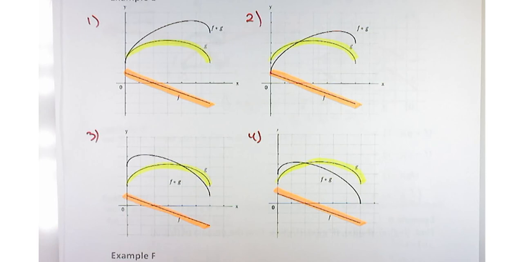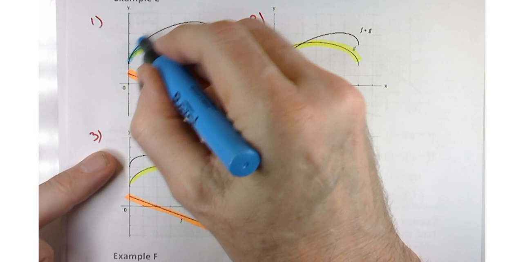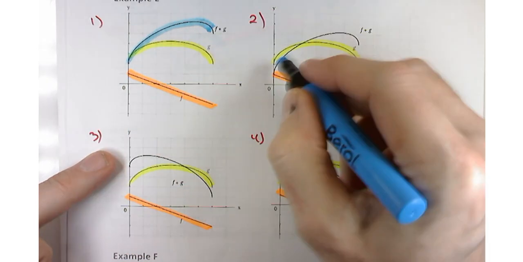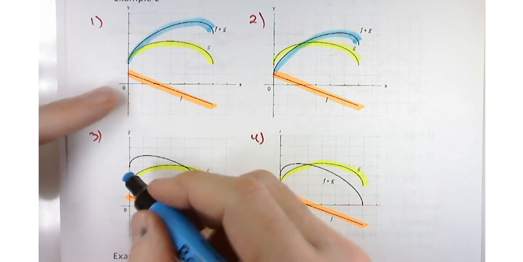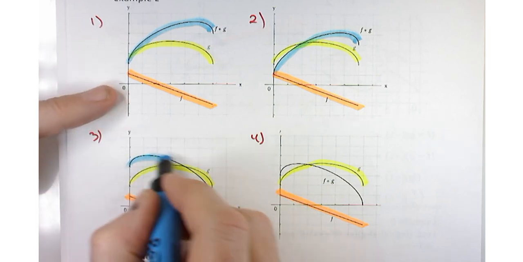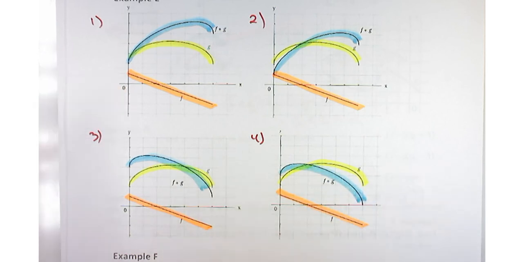And we've got lots of different options here. So it's f plus g of x. This one? Is it this one? Or is it this one? Or this one? Now, if I gave this to you on a test, here's what you should do. You should start doing a little thought experiment.